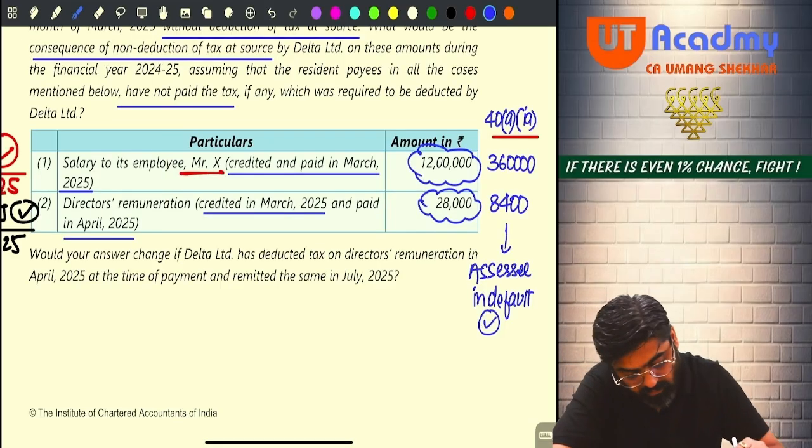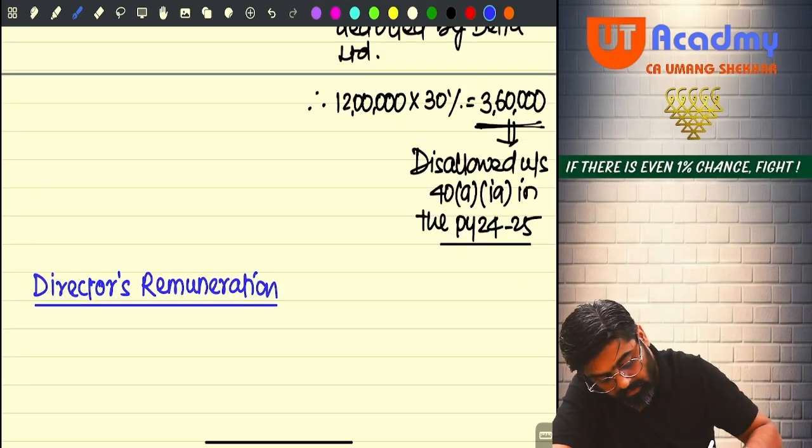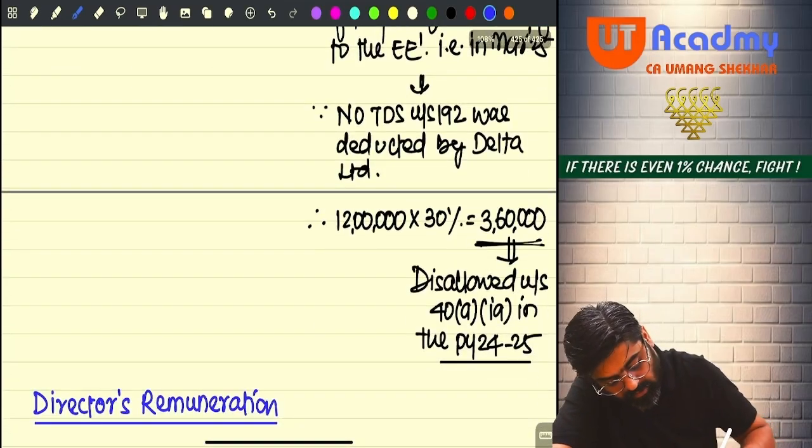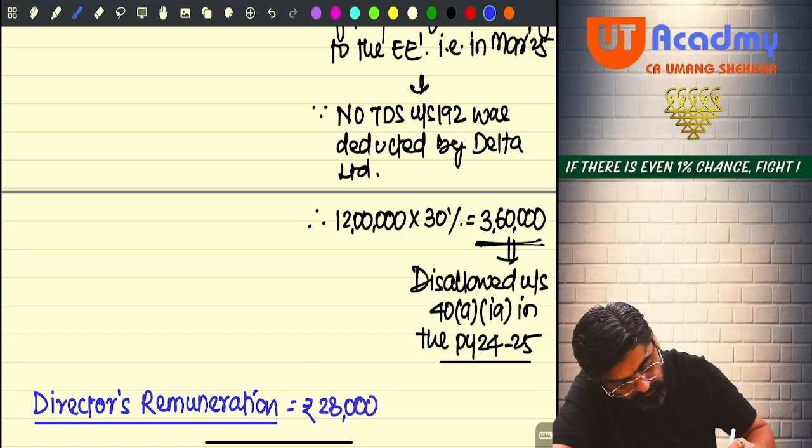To whom it was given? No name given. Okay, no problem. Director's remuneration was how much? Rupees 28,000.